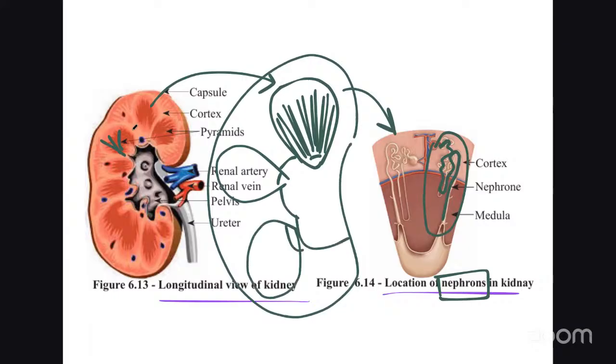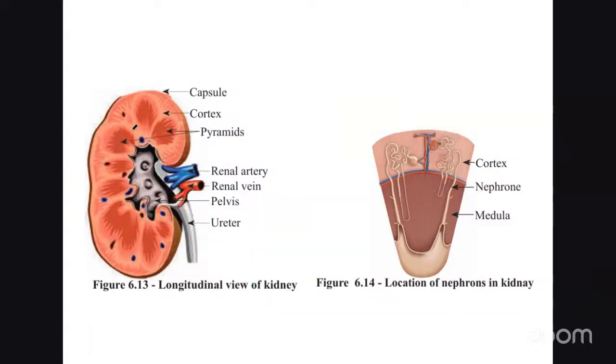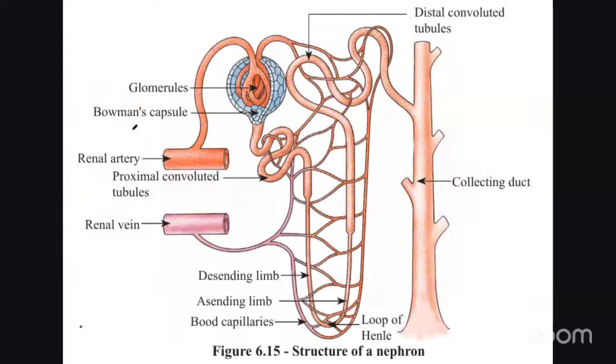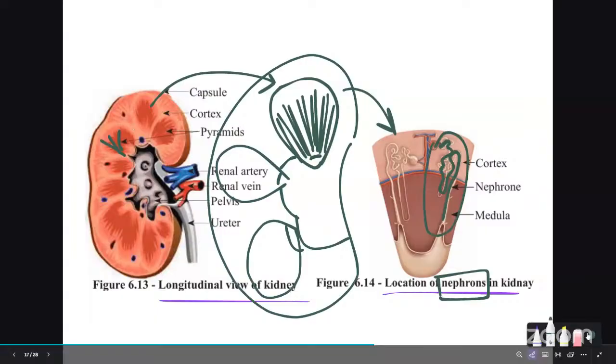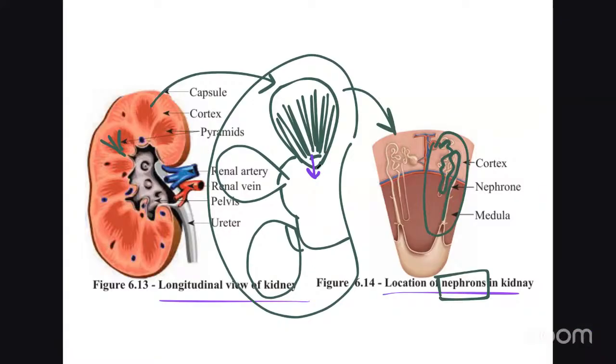Now all these pyramids are going to be opening into something. All these pyramids are going to be producing urine. Urine is going to be produced from these structural components, which are the nephrons, and they're going to be releasing the urine into this area.